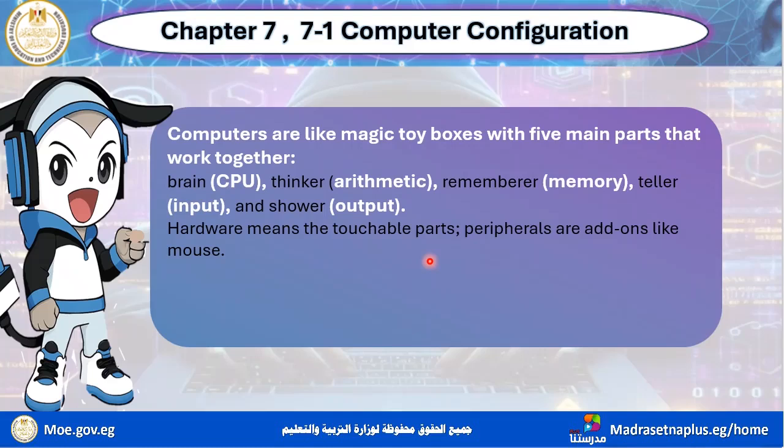Whatever part in your laptop or your computer you can touch, then it's hardware, okay? And the parts that are connected to the computer are the peripherals, which are like the mouse, the printer, the camera, and so on.